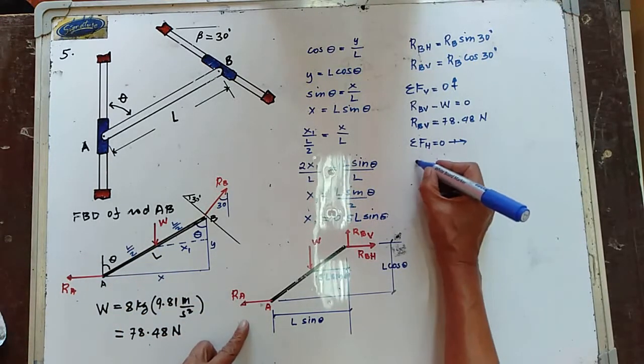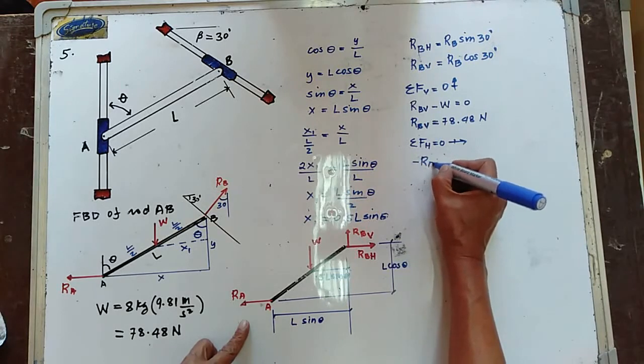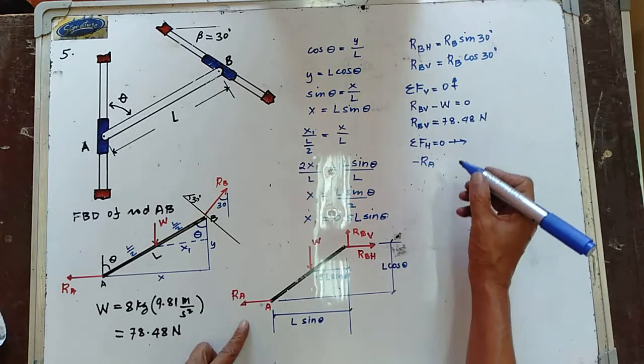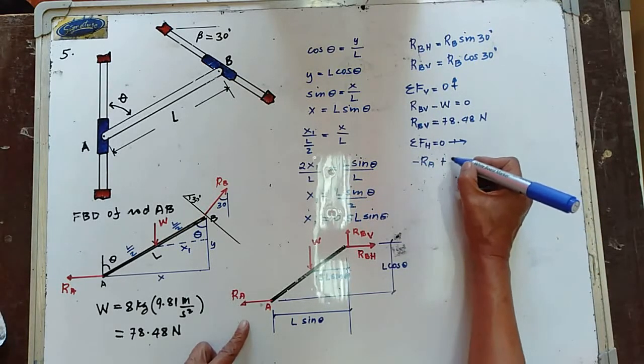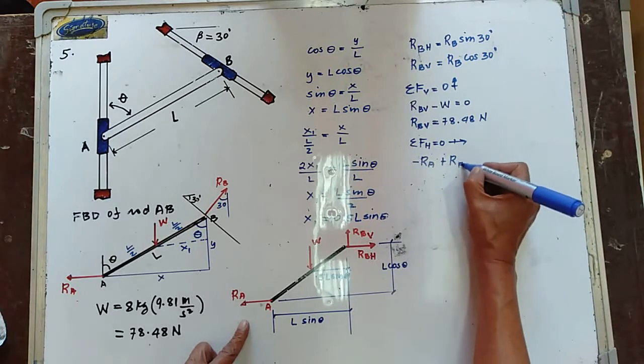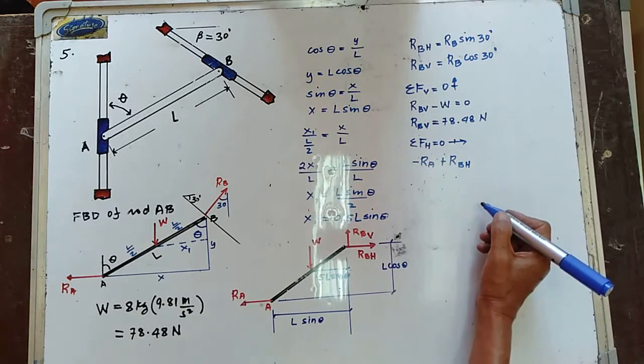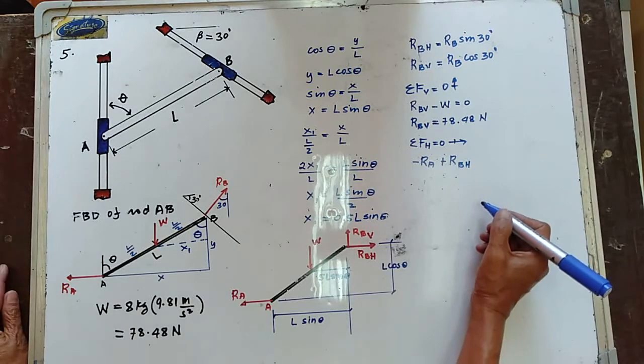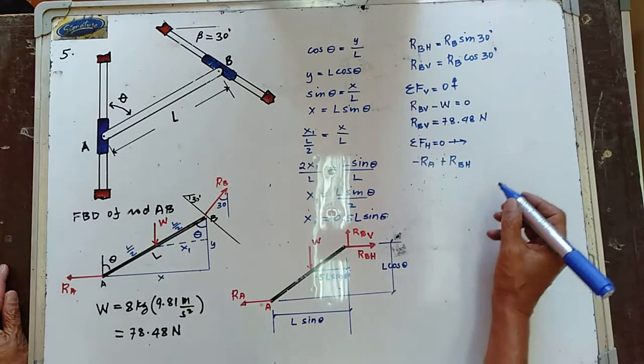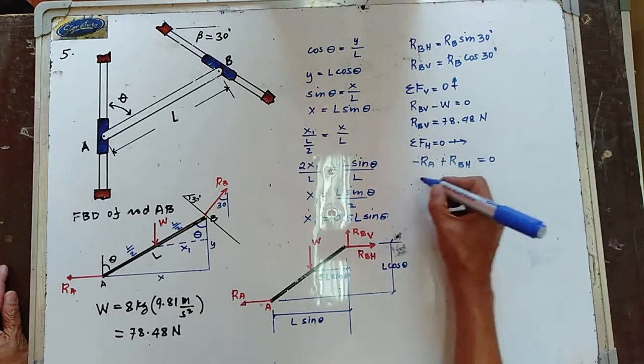So we have minus RA, and then plus RB horizontal is equal to 0.